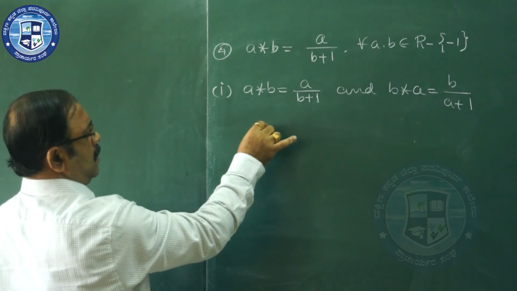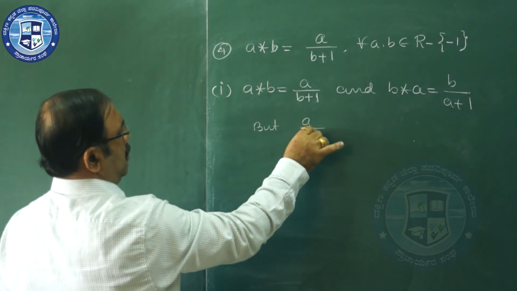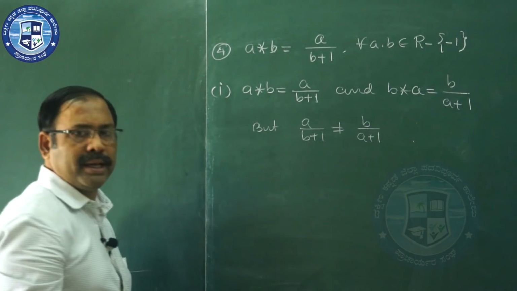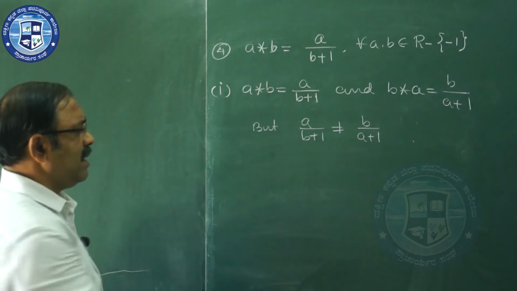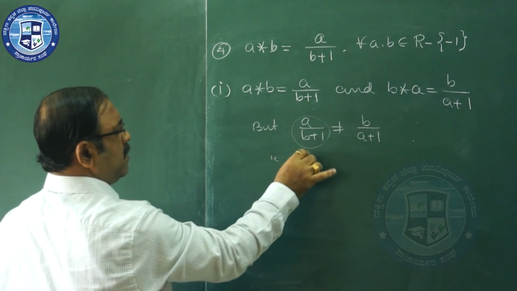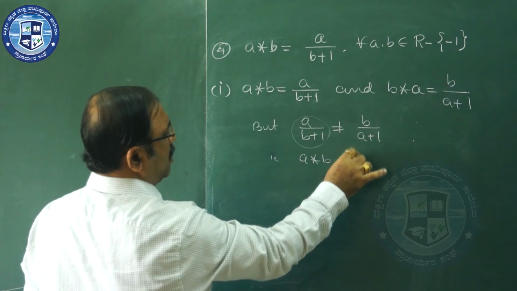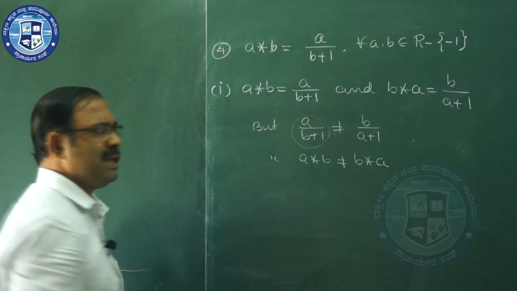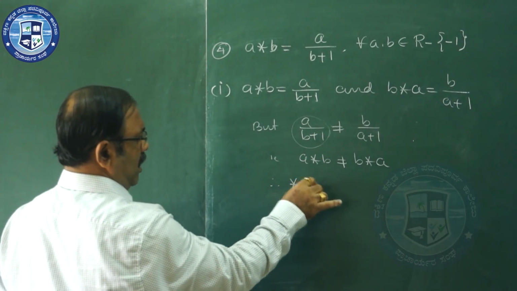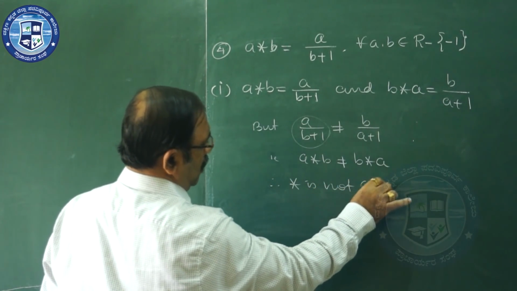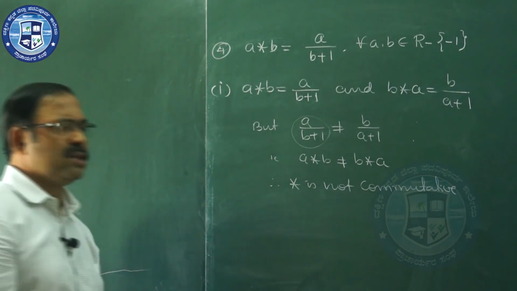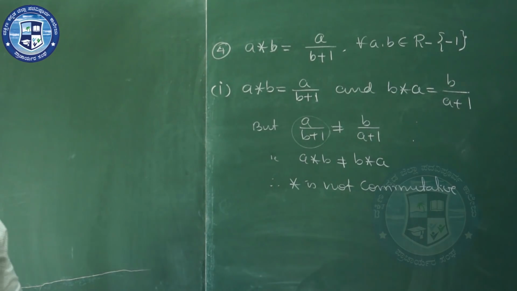But A by B plus 1 not equal to B by A plus 1, correct? So A star B not equal to B star A. So, what is the conclusion? Therefore, star is not commutative.